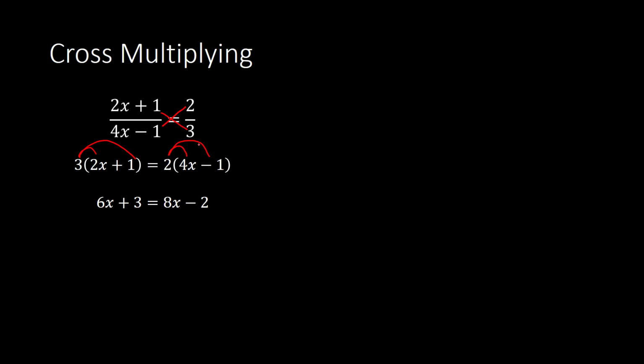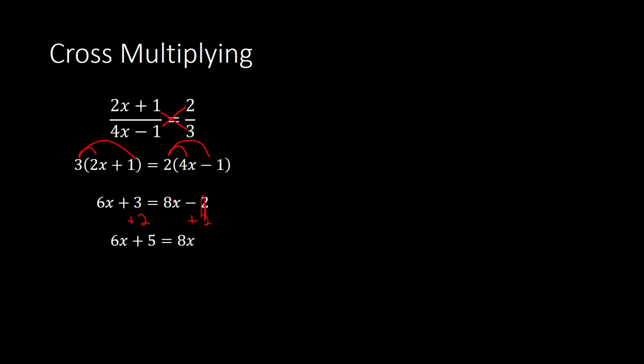And then to get x by itself, I need to get rid of either the negative 2 or the 3 and move it to one side. So I'm going to move the negative 2 to the left side. You could do it the other way, where you bring the 3 to the right side. Either is fine. You just want to bring these numbers together somehow. So I add 2 to both sides. Now I have 6x plus 5 equals 8x.